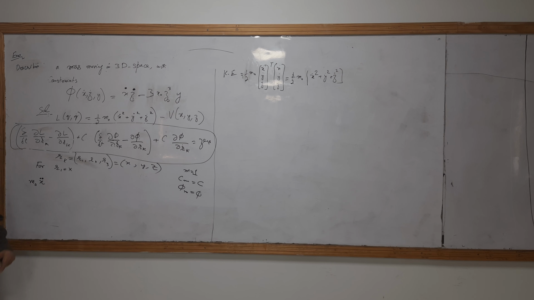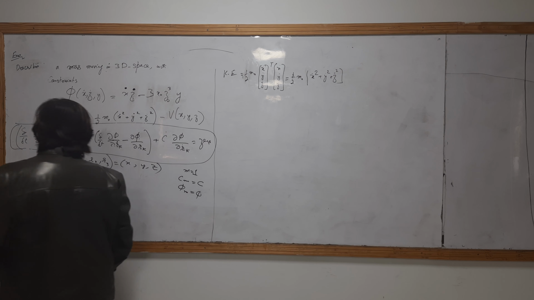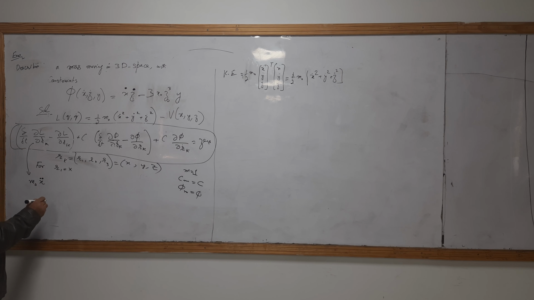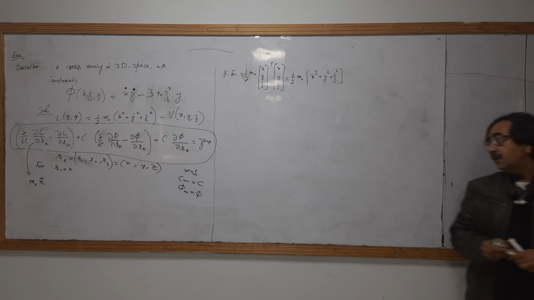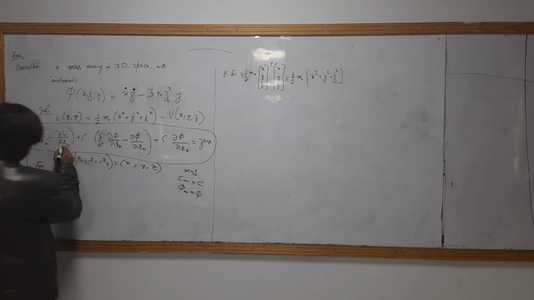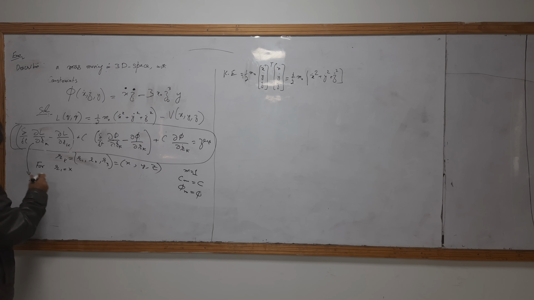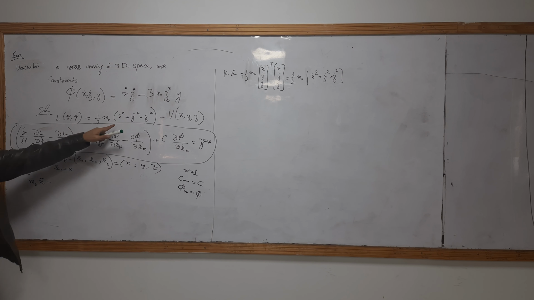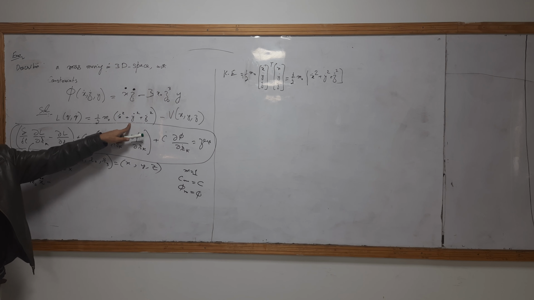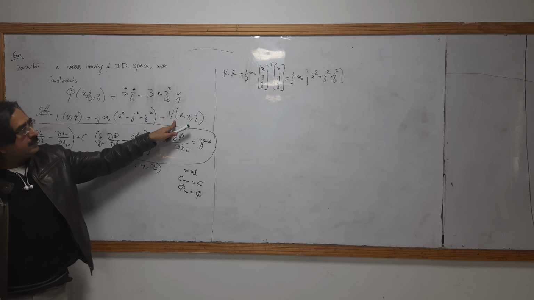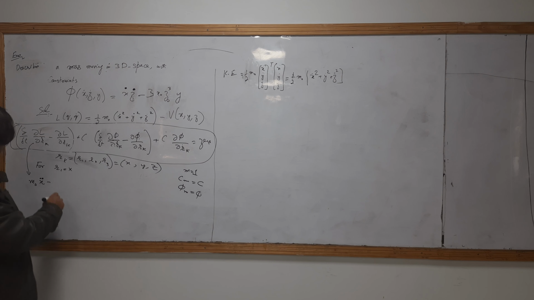Then minus partial L over x. This term will be 0 because there is no x in the kinetic part, so here it is minus partial V over x.